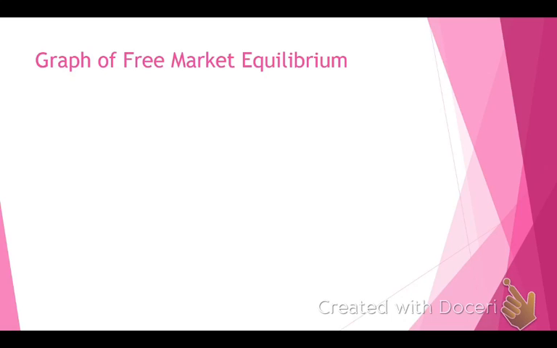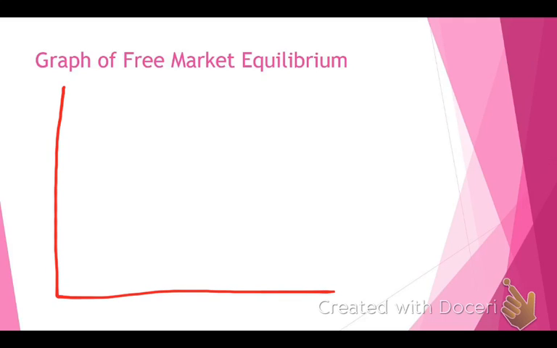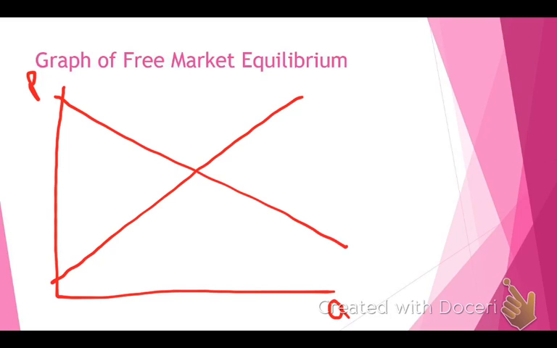Okay, so I'm going to do a graph here of free market equilibrium. Upward sloping supply curve, downward sloping demand curve.